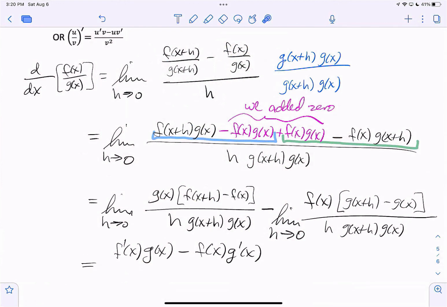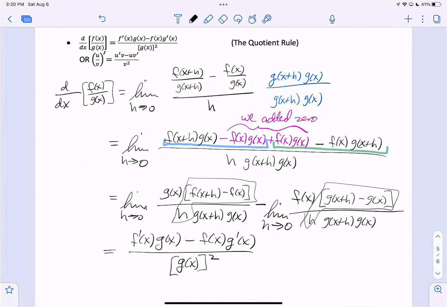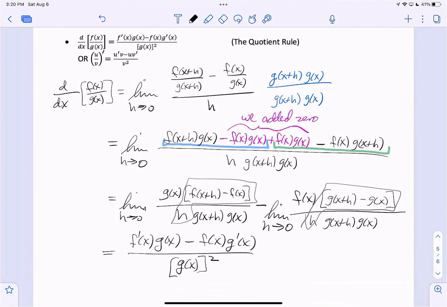And if you're keeping track, the h's in the denominator went out with the derivatives. What we have left in the denominator as h goes to 0 is g of x times g of x for both denominators. That is g of x squared. That's our quotient rule. So again, you're going to hear me using u's and v's, but this is where it comes from.